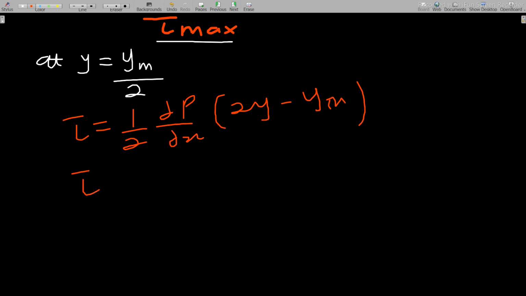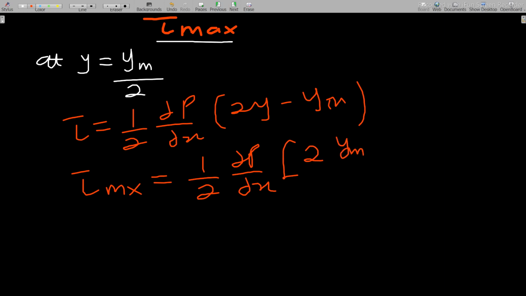So I have the maximum shear stress equal to half del p del x, then 2y, wherever I see y I put ym over 2, minus ym. Then these two cancel, I have ym minus ym, which is 0, so I have everything to be 0. Actually it's not like it is 0.